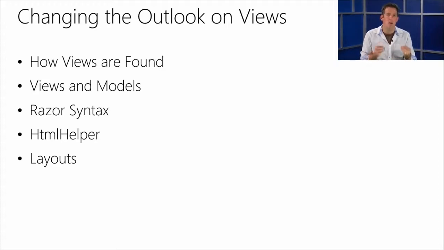Then we're going to take a look at our view models, and at that model and how our view is going to work with it, how our view is going to interact with it and know the type of model that it's going to be acting upon.